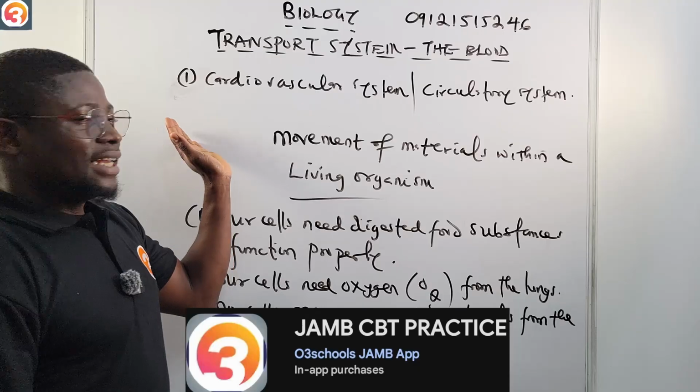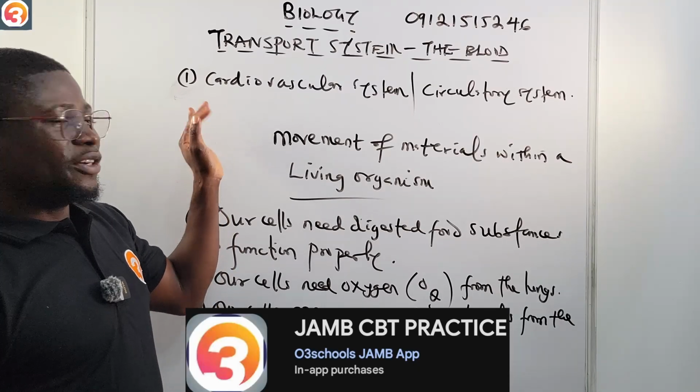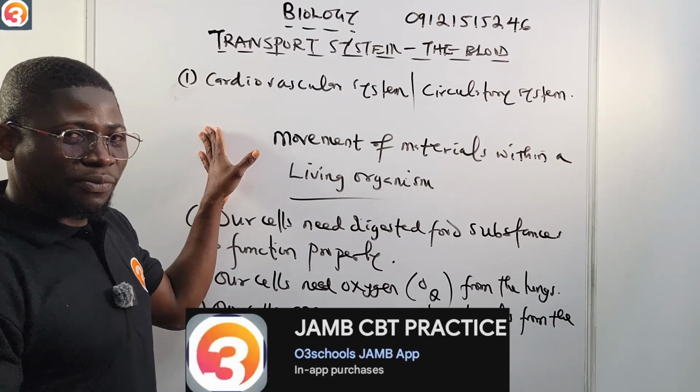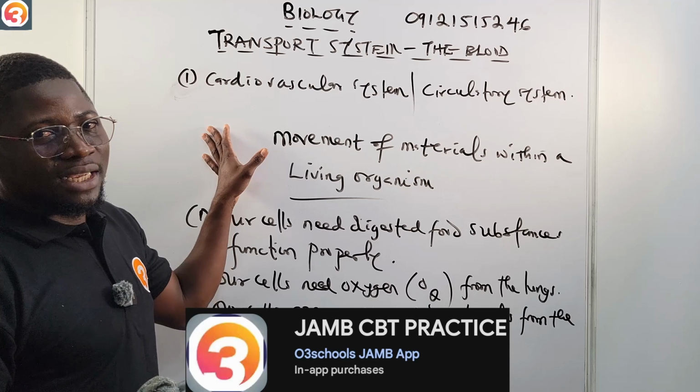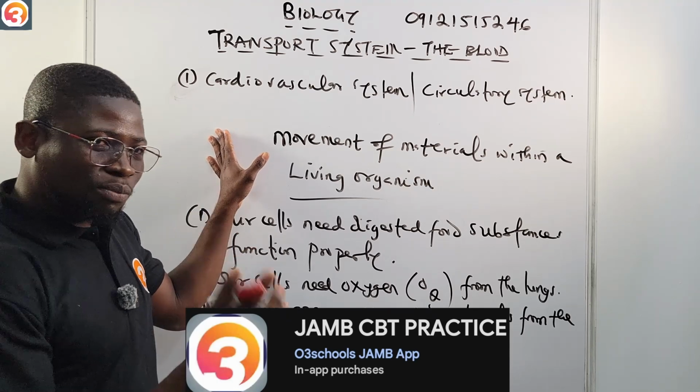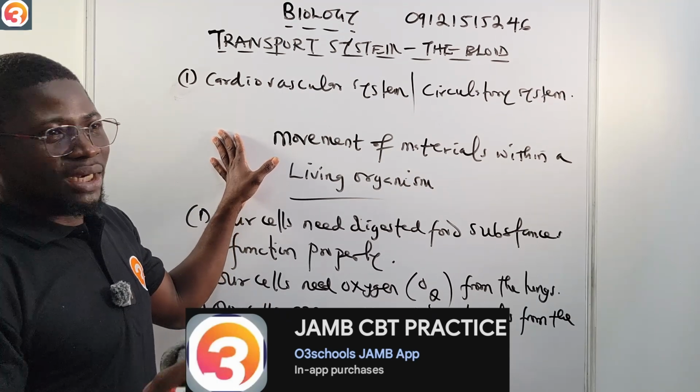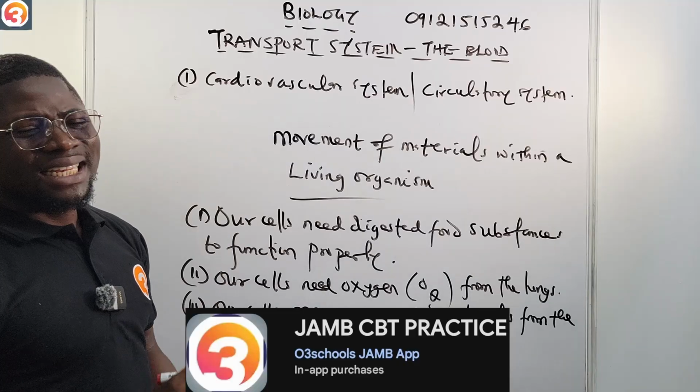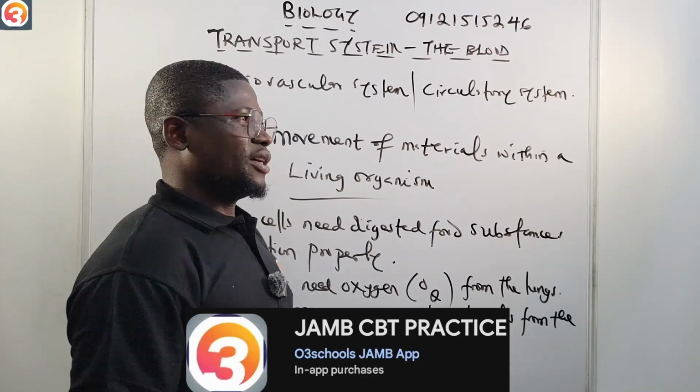So this system, number one, the cardiovascular system or the circulatory system, helps in transport. We are able to transport materials from one part of our body to the other with the aid of the cardiovascular system or the circulatory system.